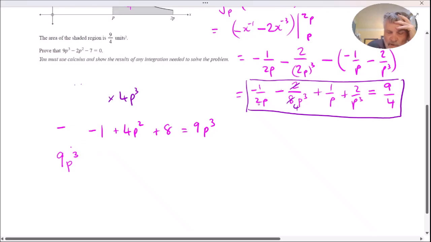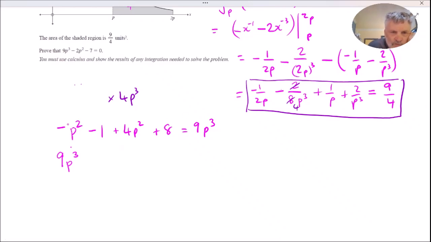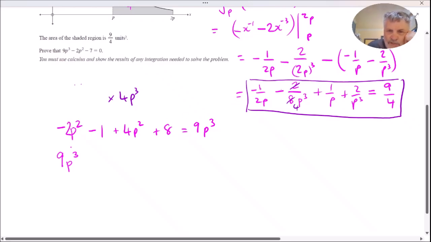So multiply this by 4p cubed. Divide by 2, you get 2. P cubed divided by p is p squared. So this should have been p squared, not a fraction. And it should have been 2p squared. Multiplied by 4, 4 over 2 is 2.